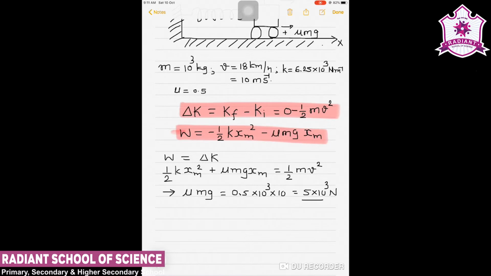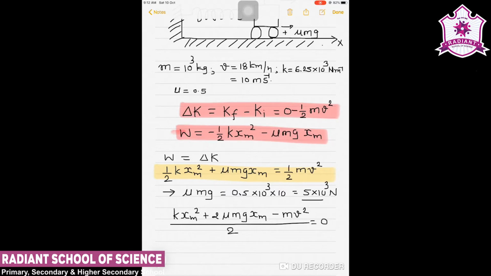So now we can get the equation for xm by simplifying and making xm the subject. We would like to simplify this equation into a quadratic form. If we simplify this, we get k xm square plus 2 mu m g xm minus m v square by 2 equals 0.